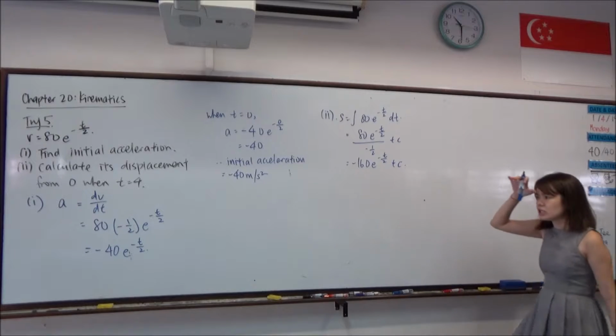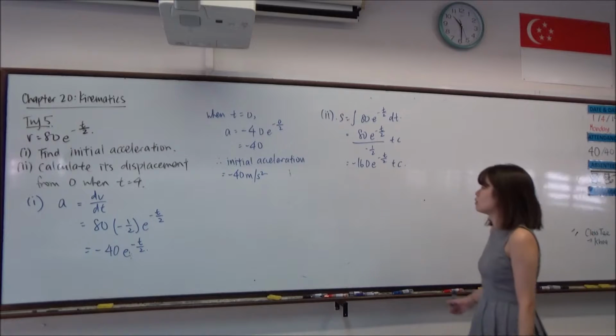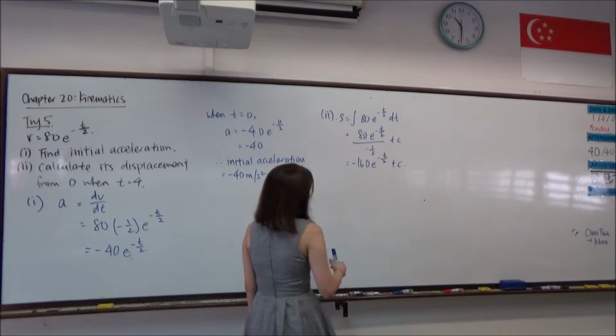Okay, if you want to do a definite integral from 0 to 4, that is also fine. But let's just find the displacement equation first. So integrating it, you will get this.